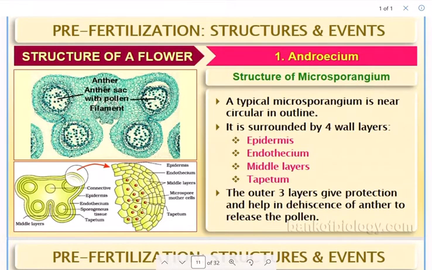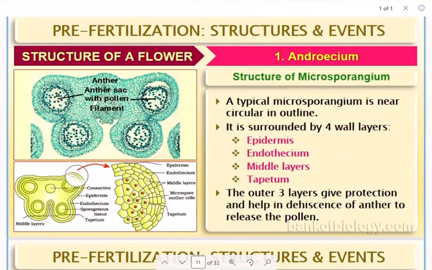Third one is the middle layers. Further you can see the middle layers inside. Then the fourth one is the tapetal layer, and after the tapetal layer you can see MMCs, microspore mother cells. That means when we take the section in the Androecium and microsporangium, this is how the microsporangium will be there.